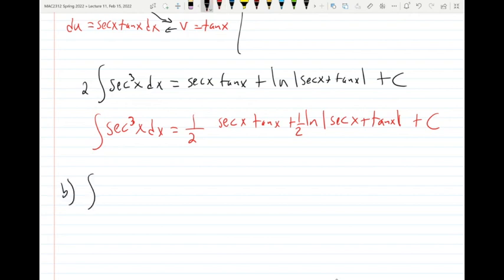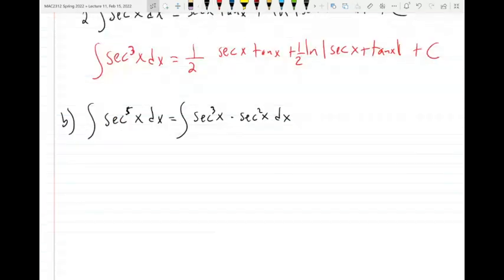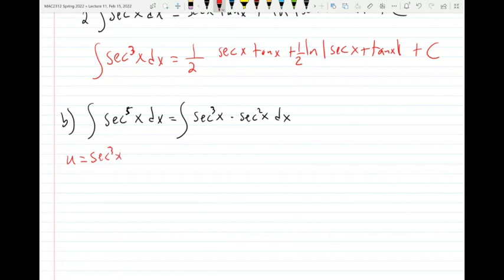So for part B, if you have to do secant to the 5th, it is again the same idea. So take out secant squared. So split it as secant cube times secant squared. And then we're going to do it by parts. So our u is the secant cube, because our dv will always be the secant squared. That secant squared that we take out is to make it dv.